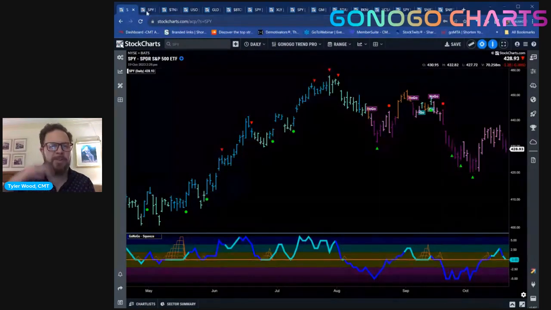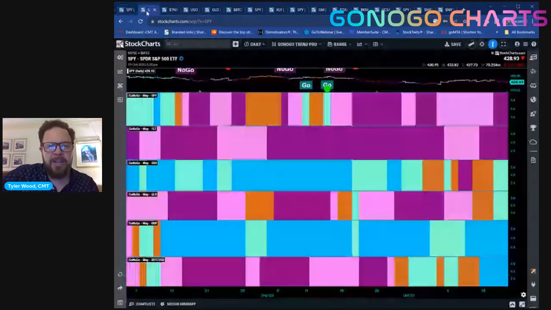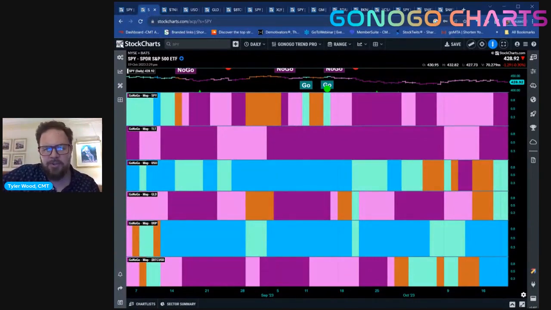As we always do, we start with the top level, looking at the asset classes to get a sense of the environment that we're going to be trading in. From this heat map, we can see that S&P 500 top line representing large cap equity index in a strong no-go trend. TLT, Treasury bond prices, also in a strong no-go trend. We'll take a look at interest rates here and Treasury yields in a moment.